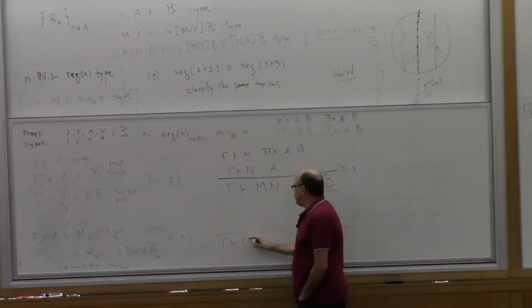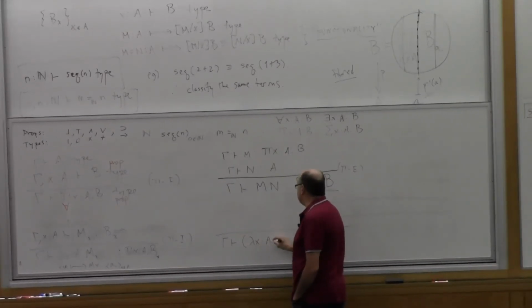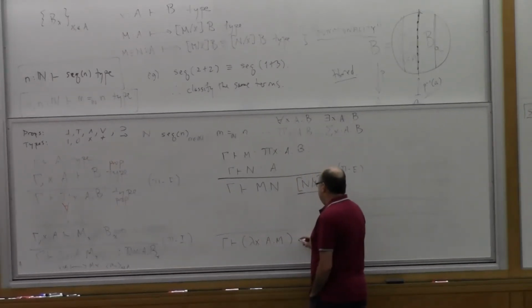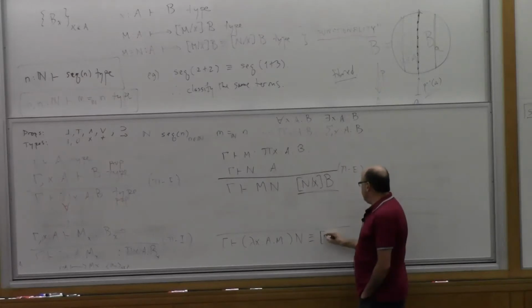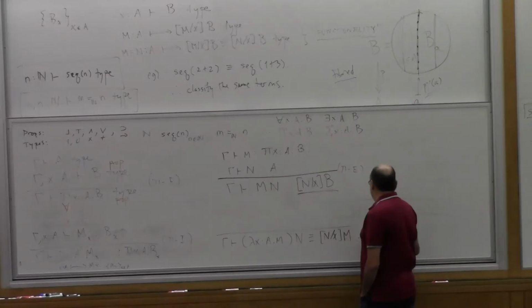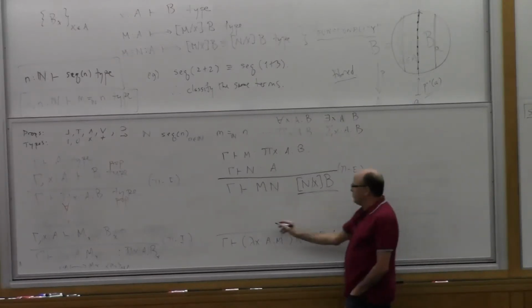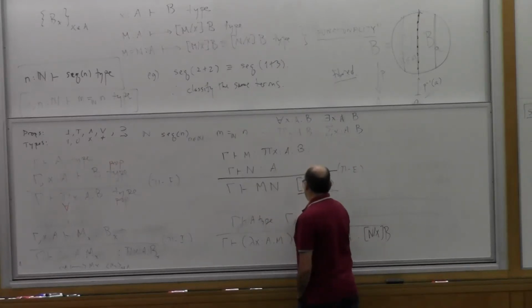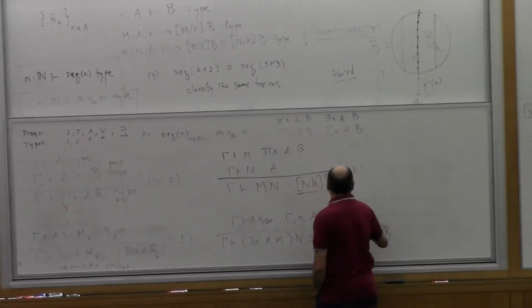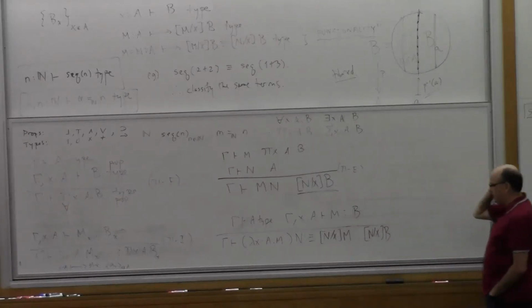So if I take something which I have explicitly introduced, so let's write it like that, and then eliminate it, do it in application, that should be the same as just plugging in n for x in M, and its type will be n for x in B, under suitable premises like A is a type, and M is a family of elements of the family of types B, okay, like that.